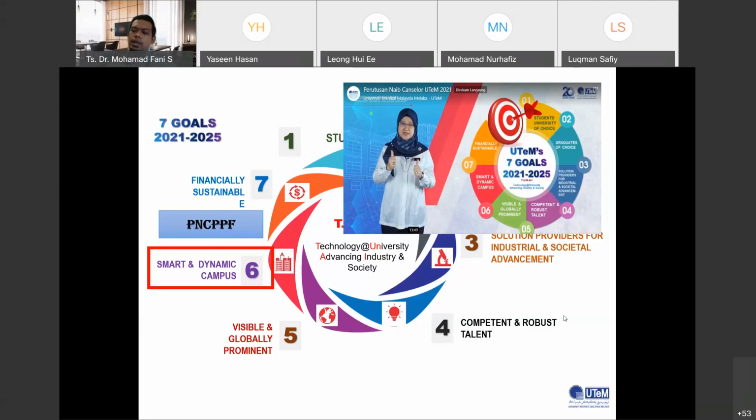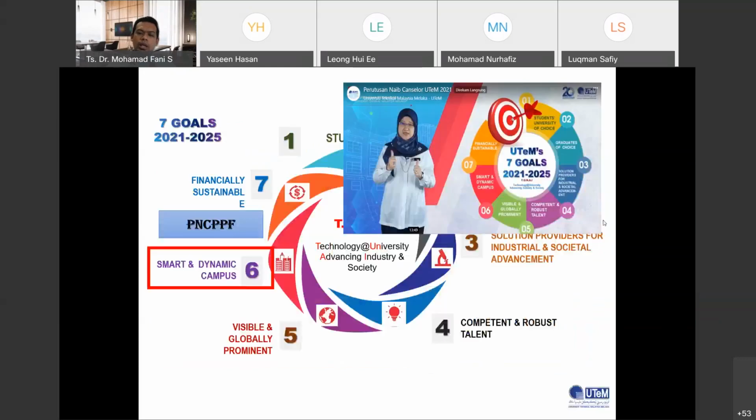So we in UTEM are proud to be in the loop, working together to achieve these goals for UTEM to be among those that achieve a certain level in the ranking in operations and the other aspect of students and graduates of choice. This is goal 1 until goal 7.